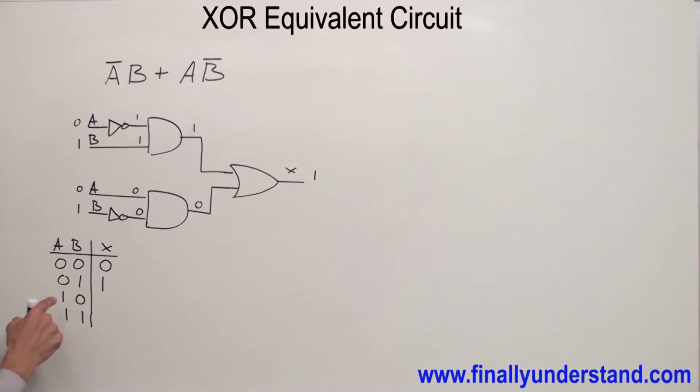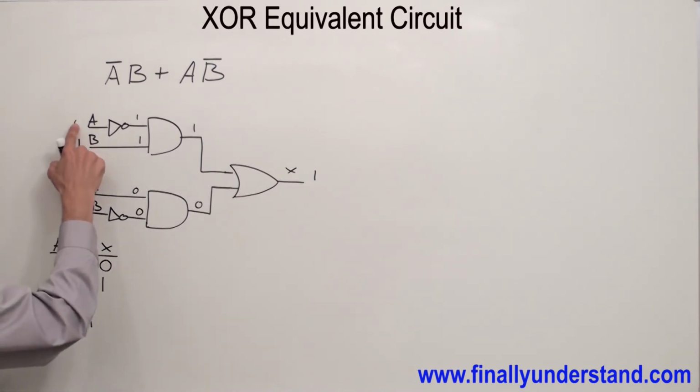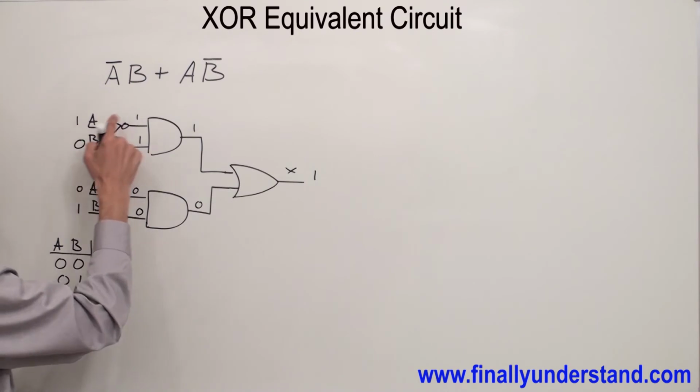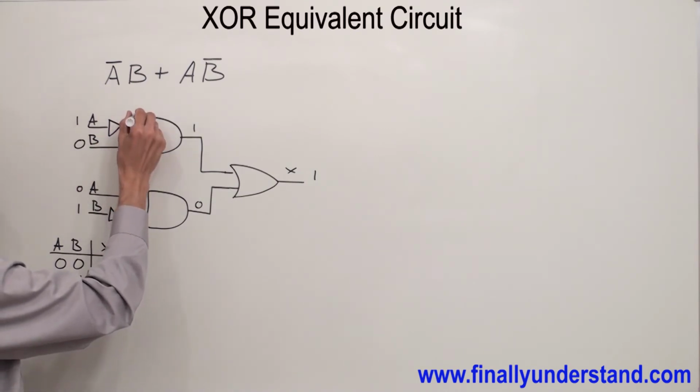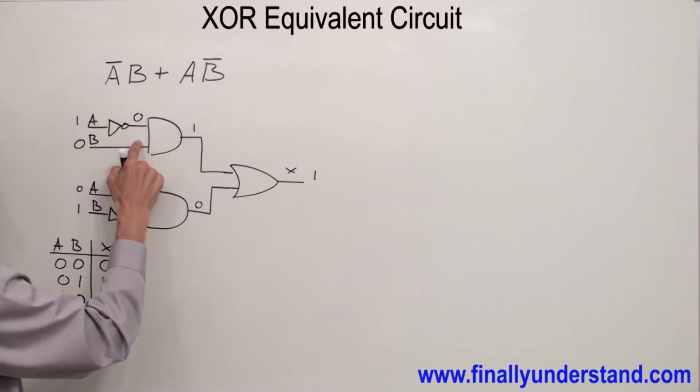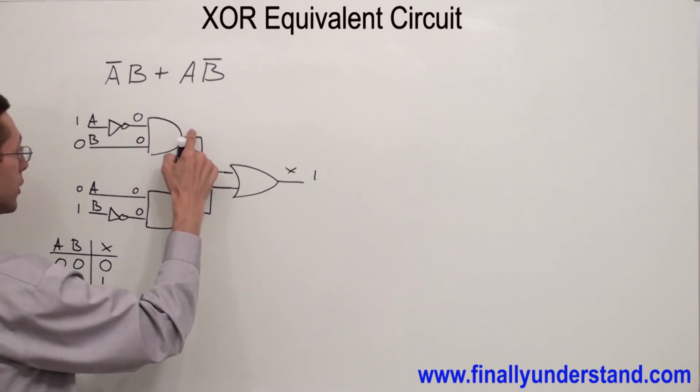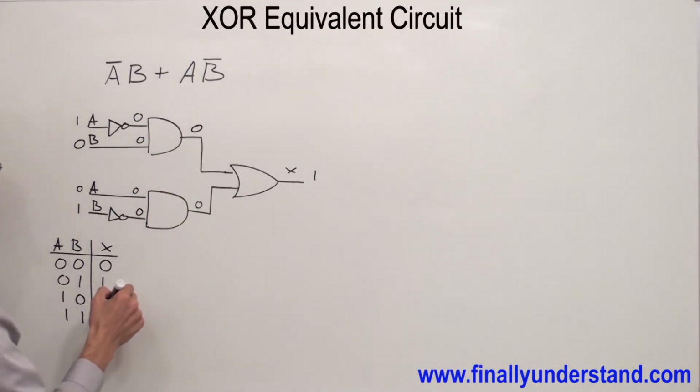Let's apply 1 to A and 0 to B. So I'm going to write 1 over here and 0 over here. This 1 will be converted to 0. This 0 will go to my AND gate. 0 and 0 gives me 0.